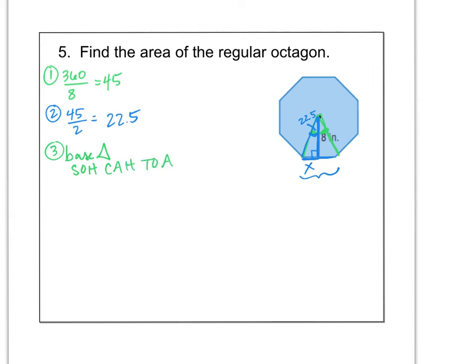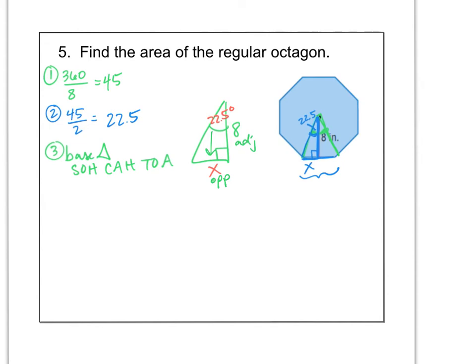So think about your triangle that you have drawn. I'll just redraw it up here. So we have this is 8, this is 22.5. Let me put that in red here, 22.5 degrees. And we want to find this side down here. Well, think about SOHCAHTOA. The x is opposite of our angle, and the 8 is adjacent.